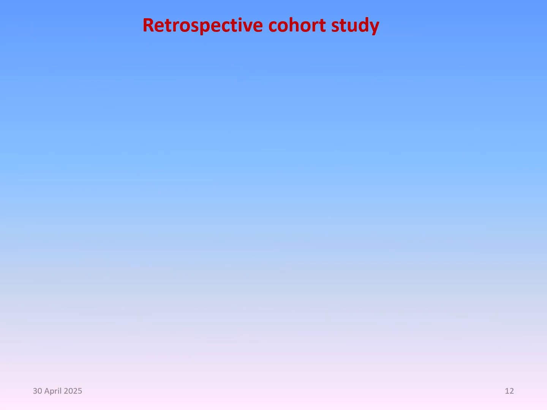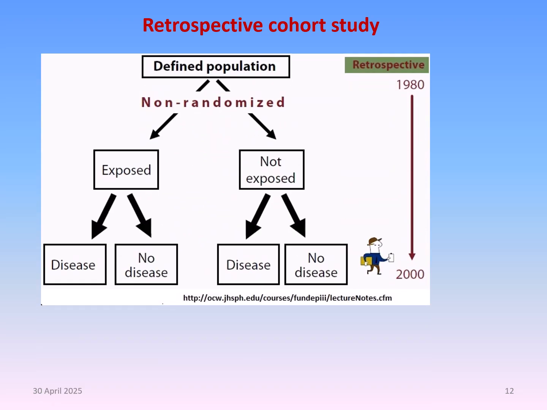Now we can go through retrospective cohort study. The retrospective cohort study is done backward. The researcher is standing today and collecting data from backward. Maybe 20 years back, they collect the data: how many are exposed to a risk factor and how many are not exposed to a risk factor.